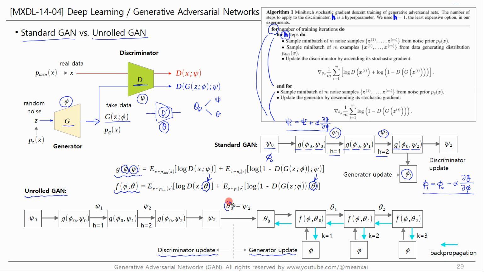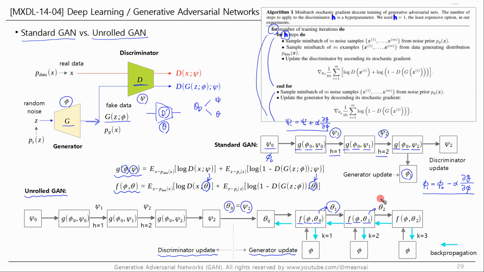Set the initial parameter of the surrogate discriminator, theta 0, to the final parameter of the discriminator, psi 2. Compute the surrogate loss f with phi and theta 0, and update theta using gradient descent. Then the surrogate discriminator parameter becomes theta 1. Compute the surrogate loss f using phi and theta 1, and then update theta once more using gradient descent.